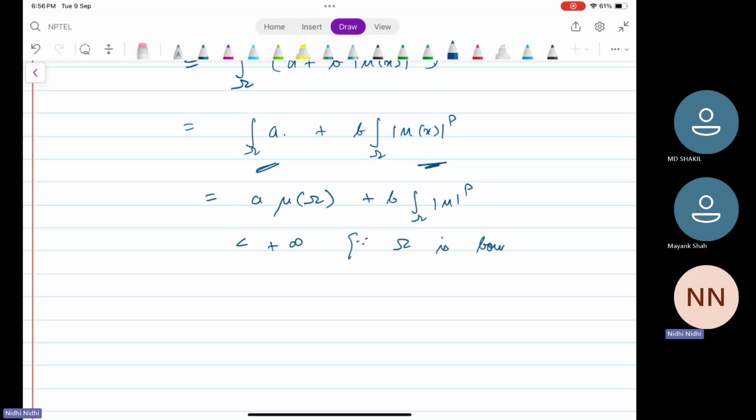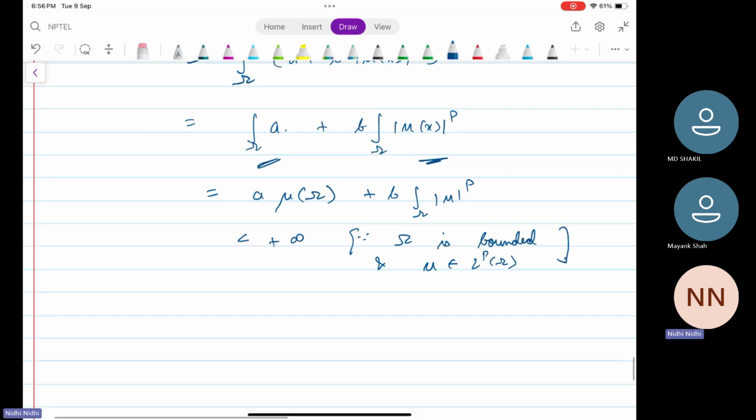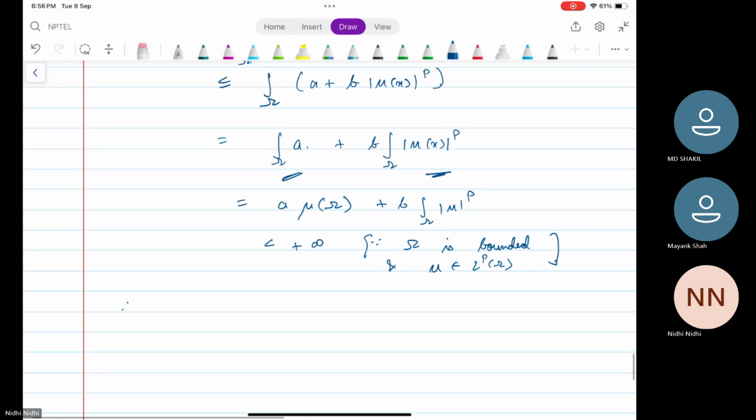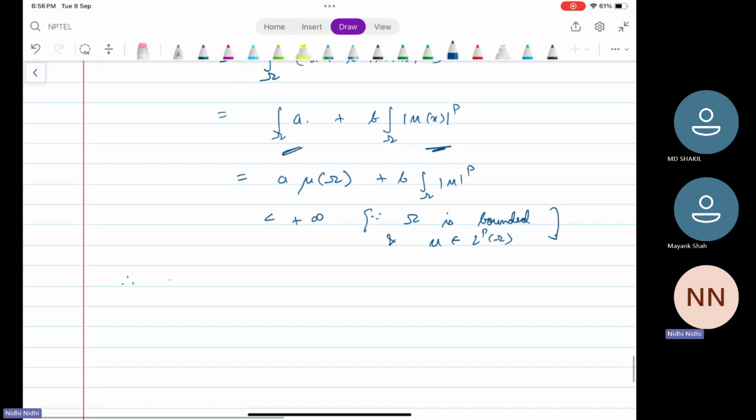For bounded sets, we know that the measure is finite, and u belongs to the space L^p(Ω). Therefore, this integral is finite. Therefore, I is well defined.